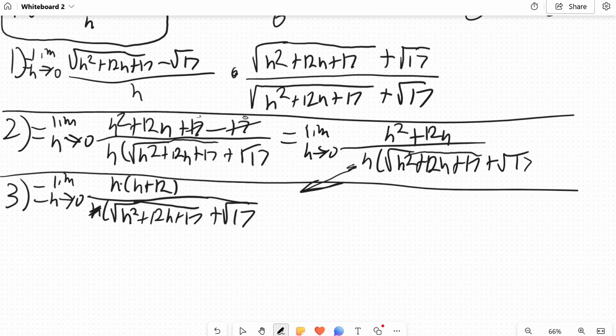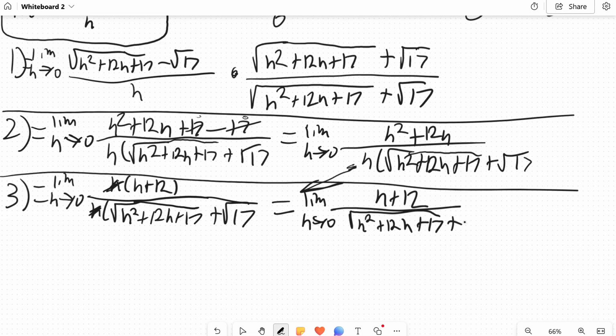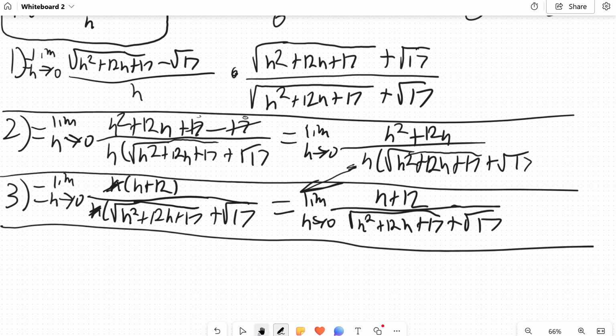This h cancels out with this h, leaving us with h plus 12 over square root of h squared plus 12h plus 17 plus square root of 17. Let me move this down again.